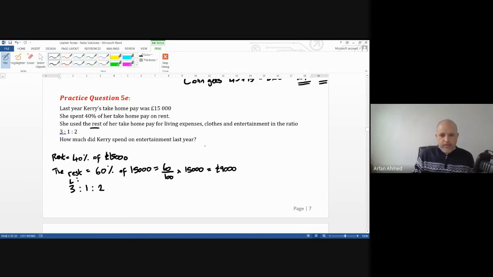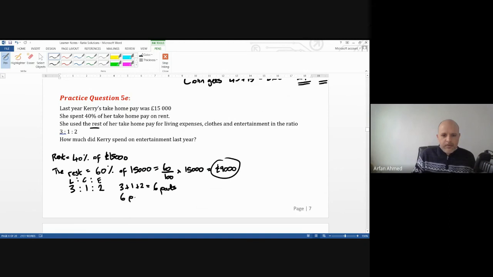The 1 represents clothes, and the 2 is entertainment. So we need the total number of parts: 3 plus 1 plus 2, which is 6 parts.